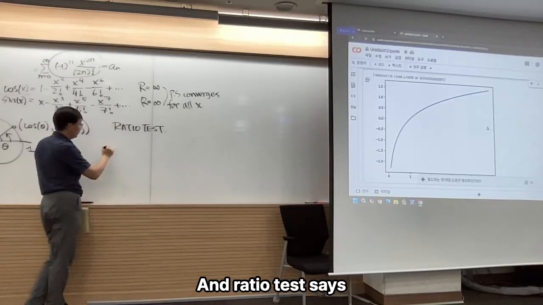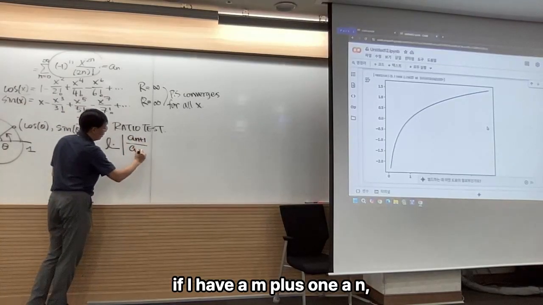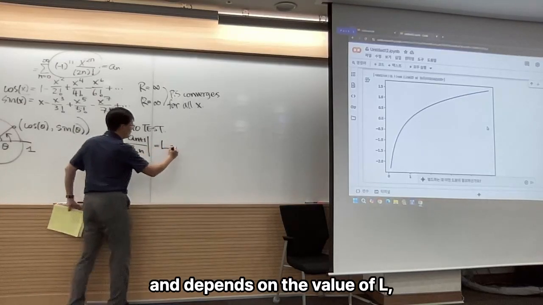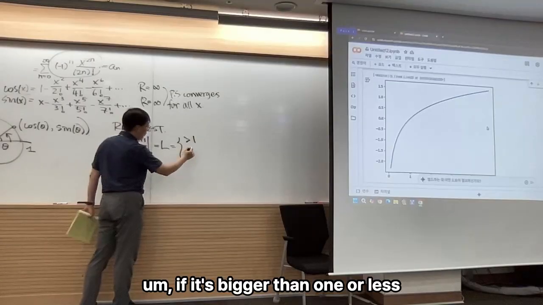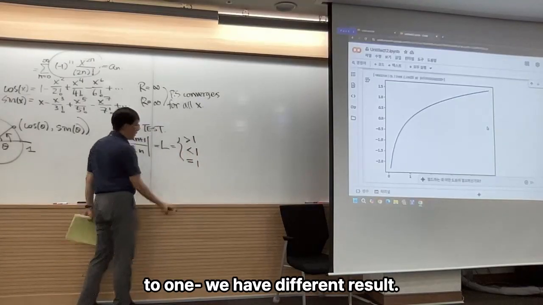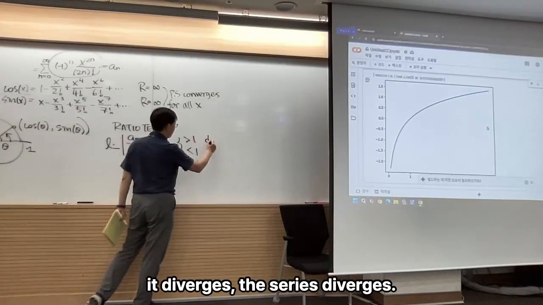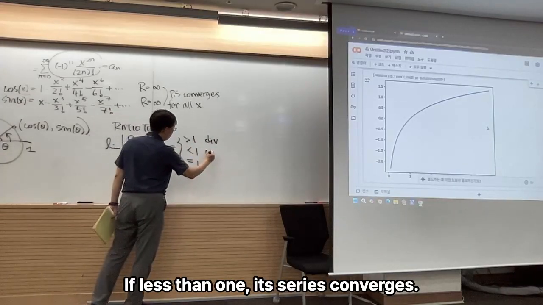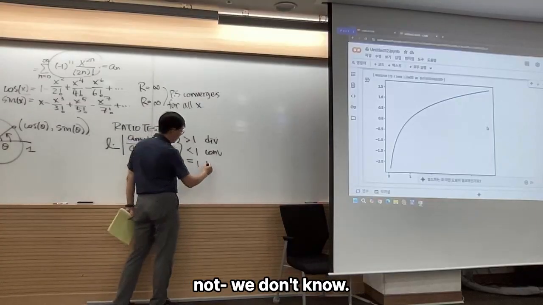The ratio test says, if I have a_(n+1) over a_n, which tends to some number L, depending on the value of L, whether it's bigger than 1, less than 1, or equal to 1, we have different results. If it's bigger than 1, the series diverges. If less than 1, the series converges. And if it's equal to 1, we don't know.